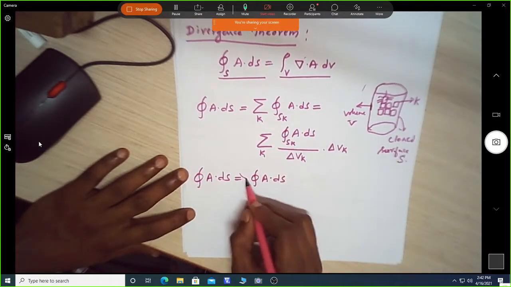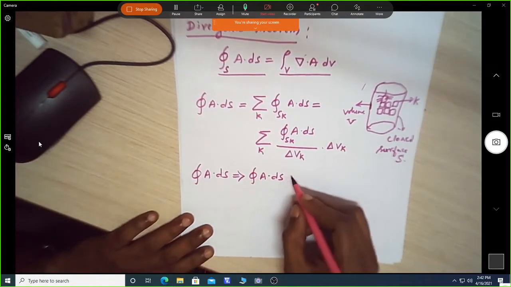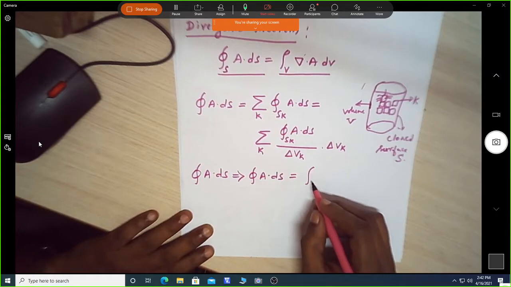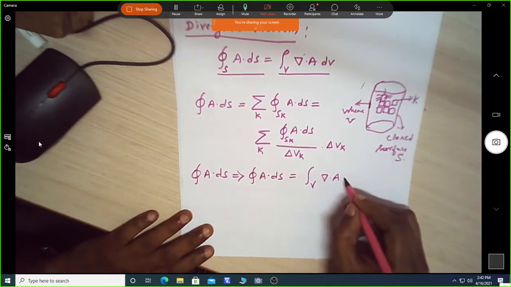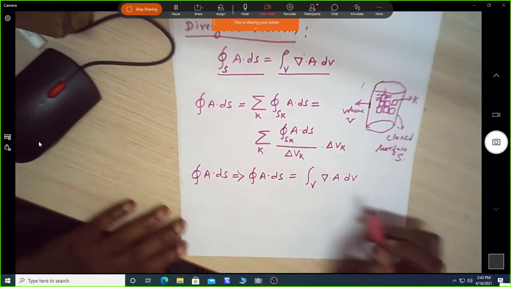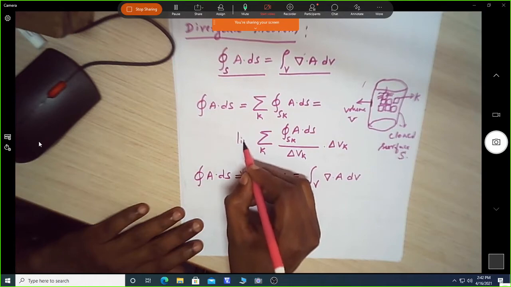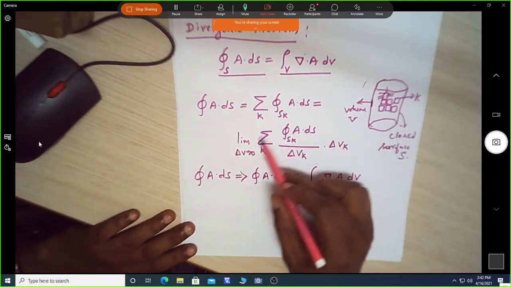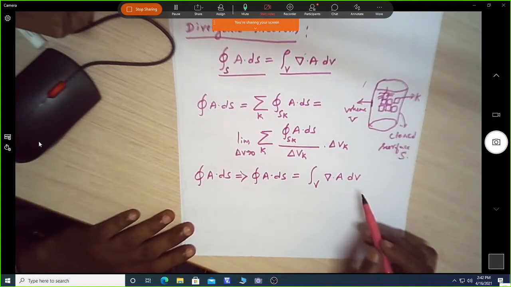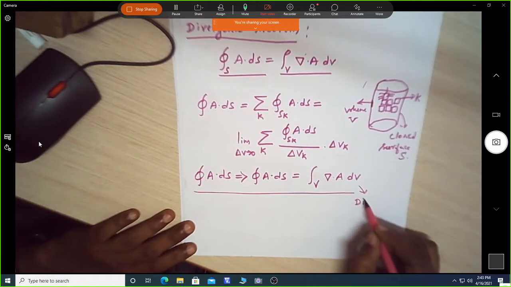This will equal the volume integral of the divergence over the volume dv. So taking the limit del v tends to 0, this becomes the volume integral. This is what we call the divergence theorem.